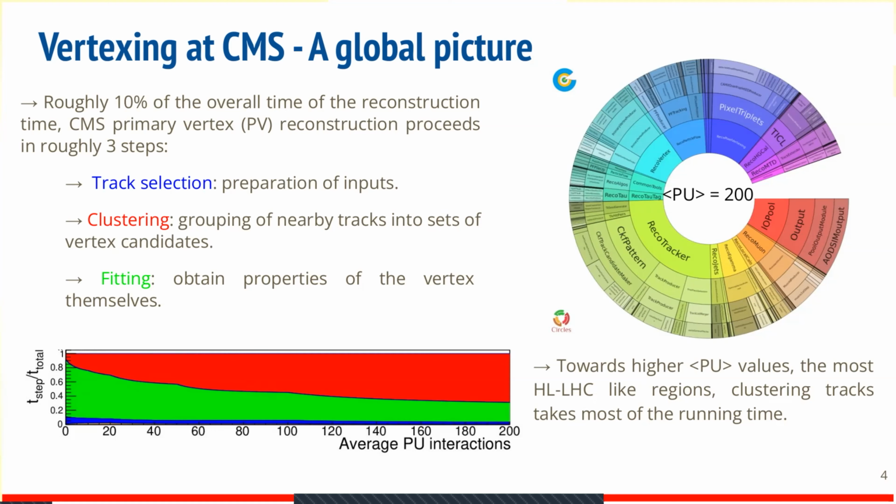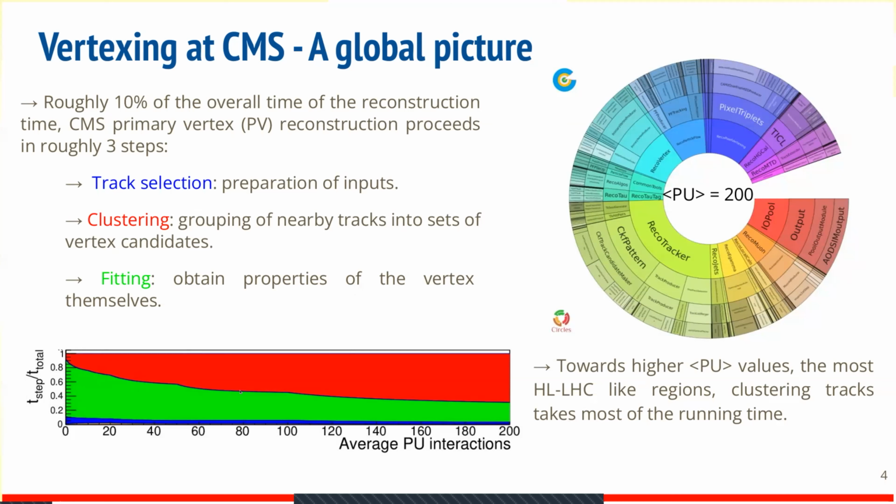Roughly, what we do can be divided in 3 steps. First, a filtering step known as track selection, which takes the inputs we'll discuss a little bit more later and selects the things that make sense for the clustering. Then a clustering step, which groups tracks that are close by into sets, or vertex candidates, that represent our primary vertex candidates, and then fitting, which obtains properties of these vertices themselves.